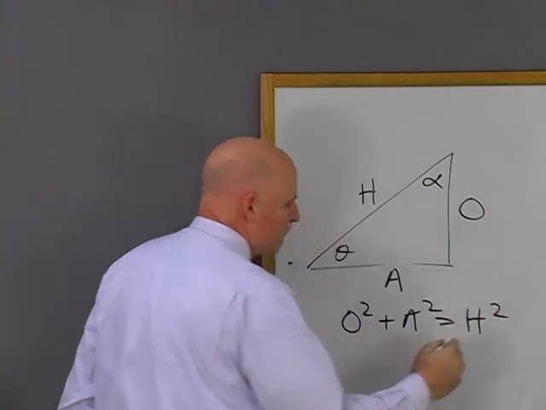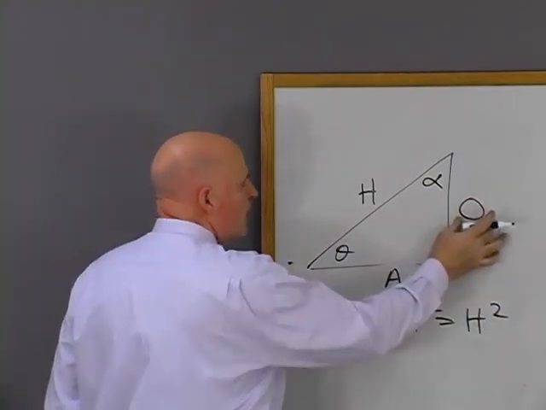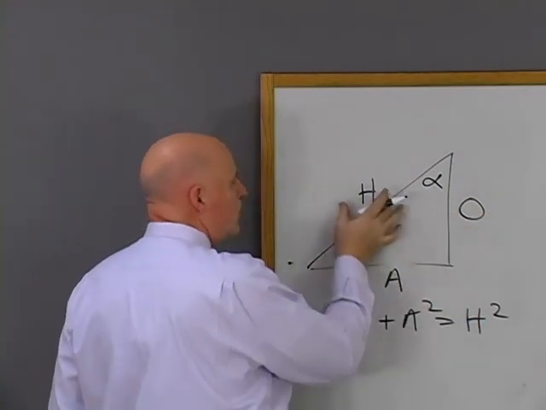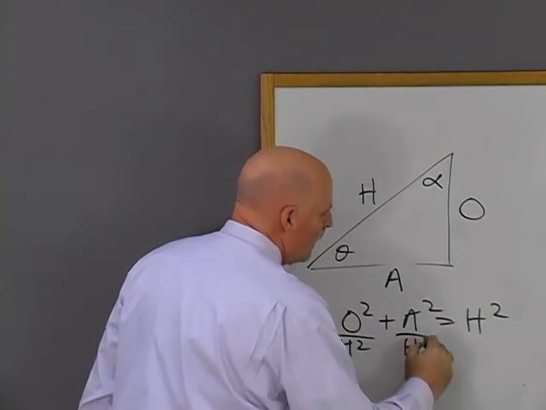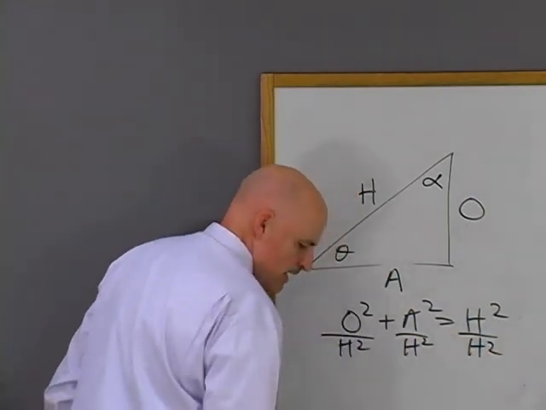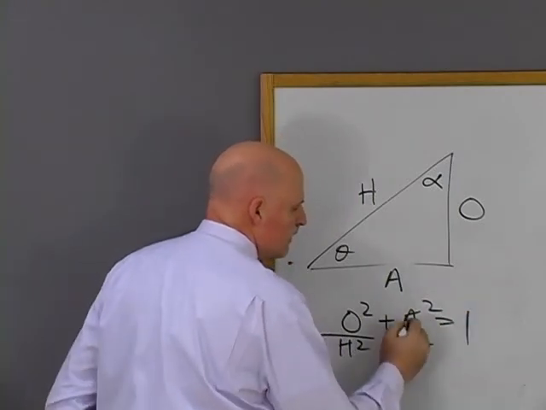Very good. So we have leg squared plus leg squared, o squared plus a squared equals hypotenuse squared. If I divide through all the way by h squared, this would become 1. That's an a, correct?